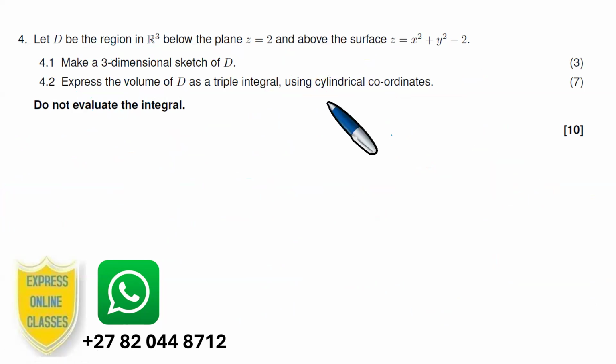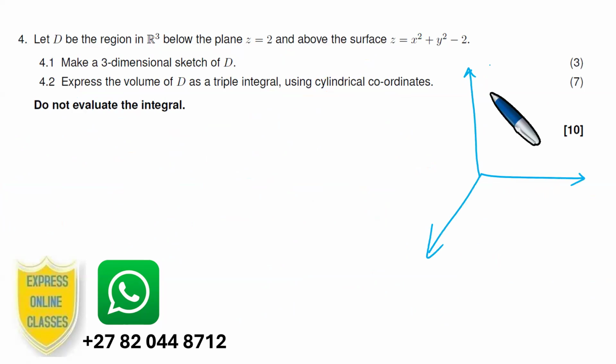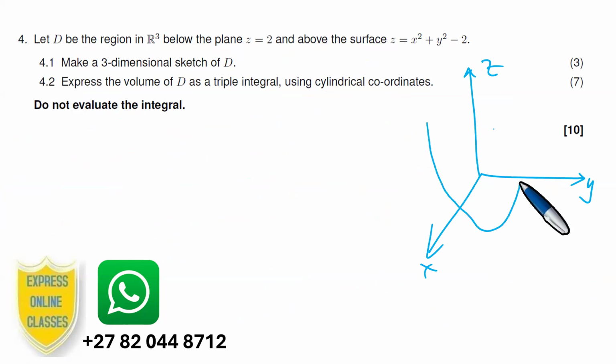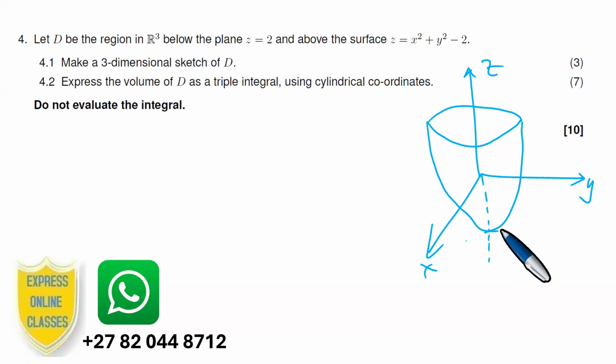Cylindrical coordinates focus on the fact that if you have a three-dimensional setup, Z, Y, X, and then you have this, and then you have minus 2, 2.